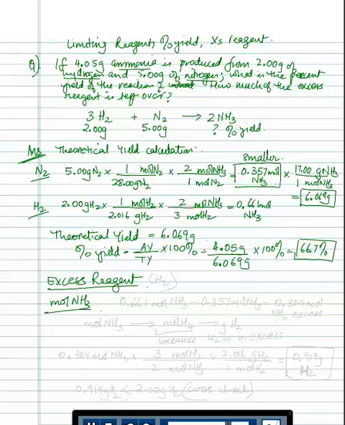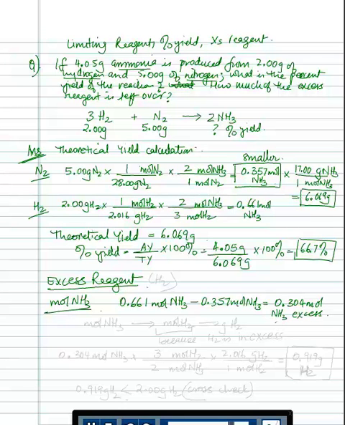So my excess is 0.661 moles of ammonia, and I subtract the lower amount, 0.357 moles of ammonia. That means I have excess of 0.304 moles of ammonia, okay, this is excess.